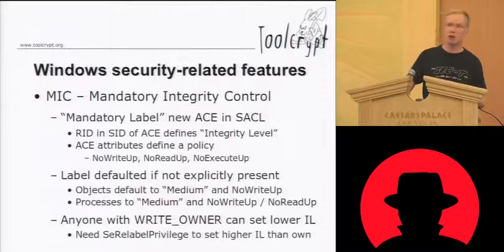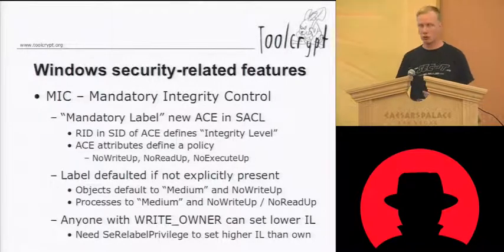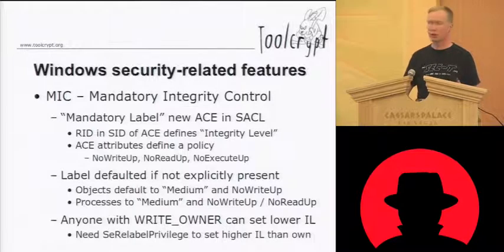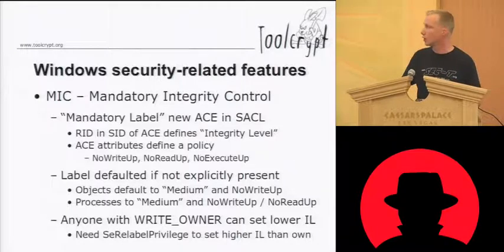So most system resources are by default tagged with the integrity level of medium. Rather, if there isn't an access control entry with mandatory label in the system access control list, or SACL, for a specific resource, it will be interpreted as being of integrity level medium with the no write up policy, except for processes, which will be interpreted as integrity level medium with no read up and no write up.